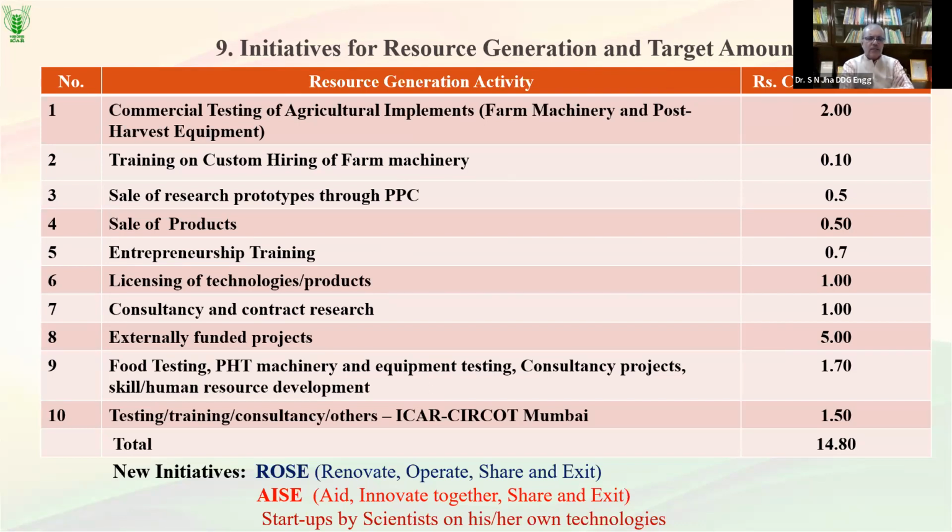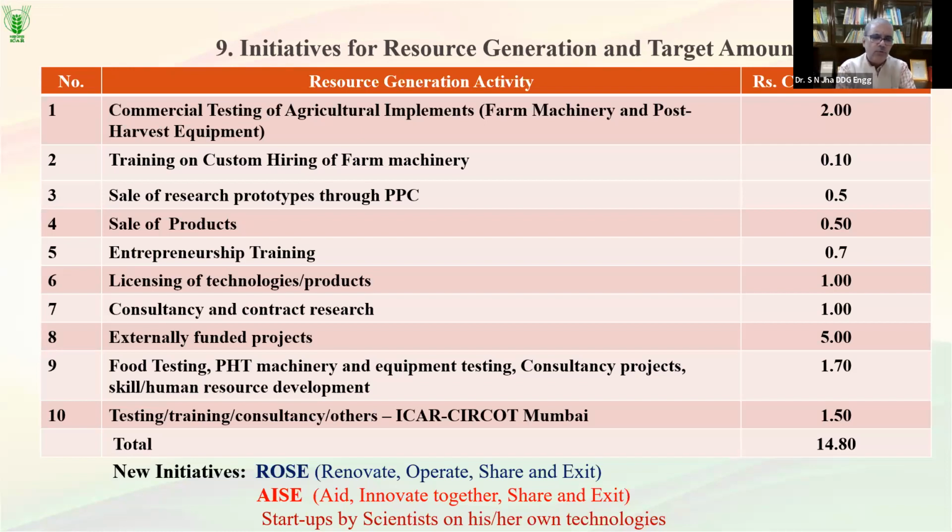In addition to that, we have already taken one new initiative with the help of the Honorable DG sir and all the functionaries, that is finance and administration. The scheme we can call ROSE: renovate, operate, share and exit.